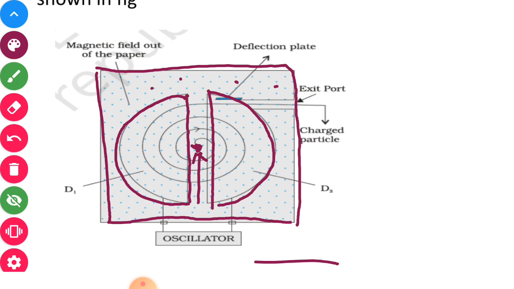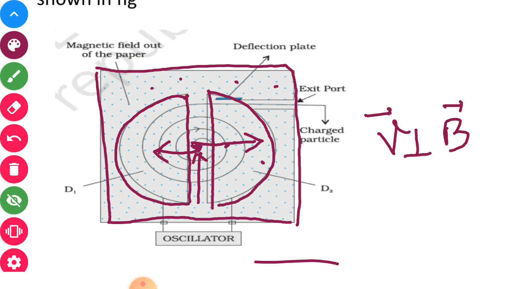So when this charged particle moves in any direction, either towards right or towards left, the magnetic field coming out of the plane of the screen will always be perpendicular to the velocity vector. So this will produce circular motion.